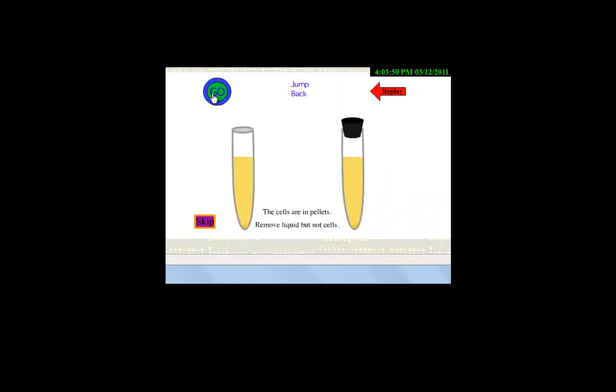This animation explains the centrifugation of the Eppendorf tube containing Arabidopsis leaf sample. The cells are in the pellets. Then remove the liquid but not the cells with the help of a pipette. The Eppendorf tube will contain only the pellets.